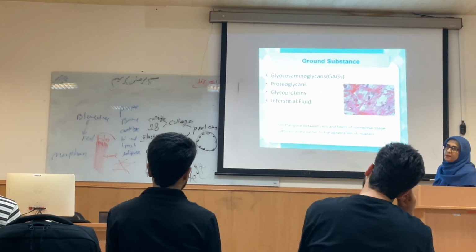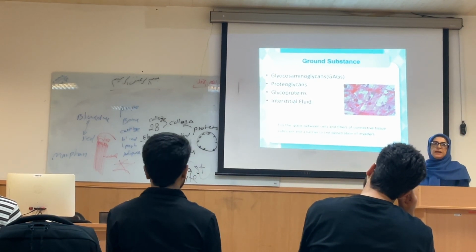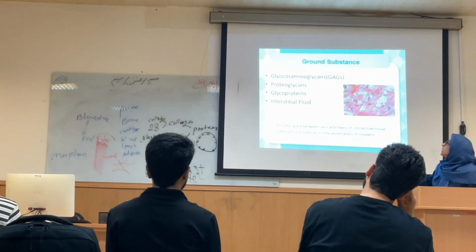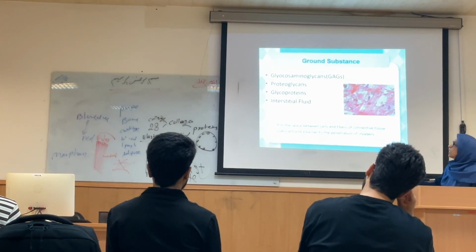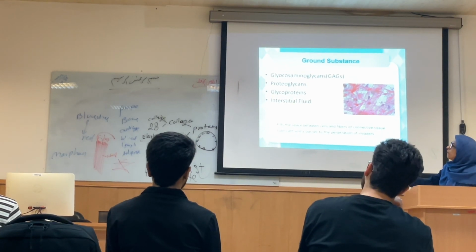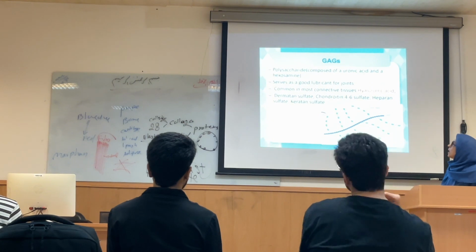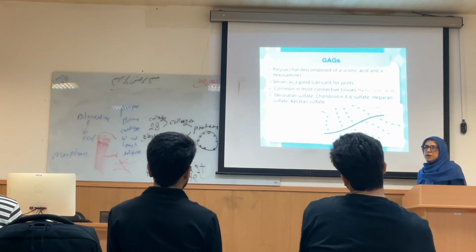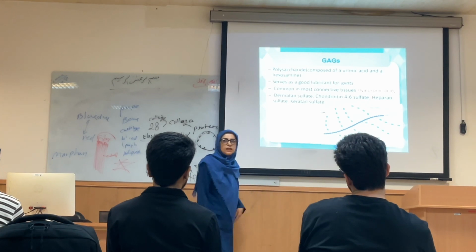Ground substance. Interstitial fluid. 80% of the ground substance includes water, and also GAGs, or glycosaminoglycans, and combinations of proteins and carbohydrates. What are these? The GAGs are repeated chain structures of polysaccharide.